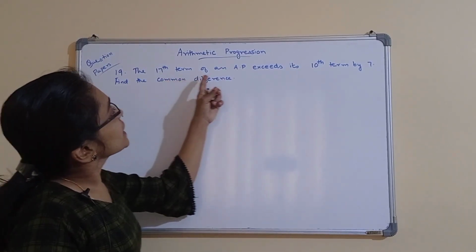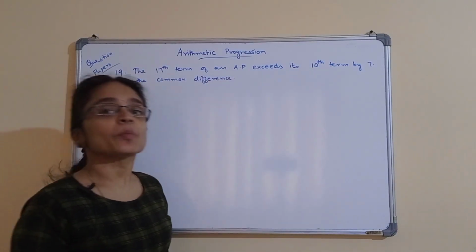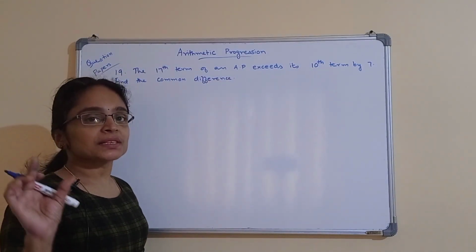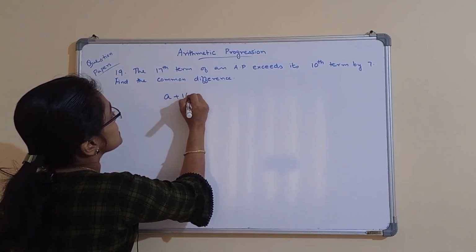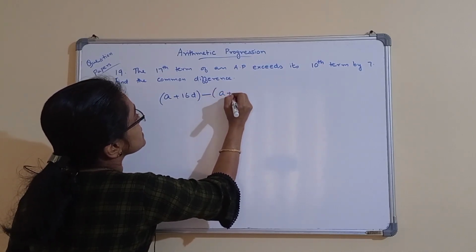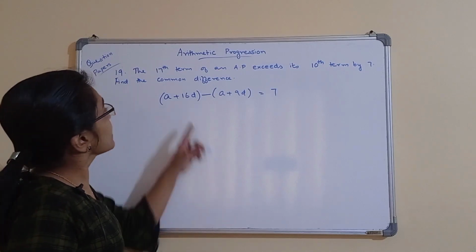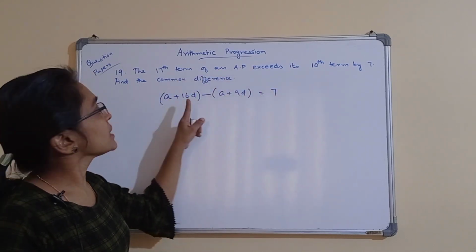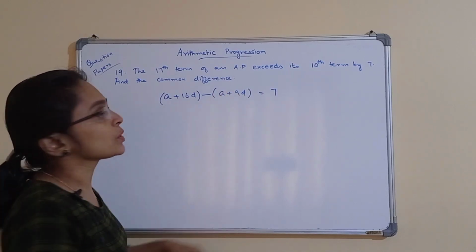Next one, 17th term of an AP exceeds its 10th term by 7. Find the common difference. 17th term exceeds its 10th term by 7, that is a plus 16d minus (a plus 9d) is equal to 7.